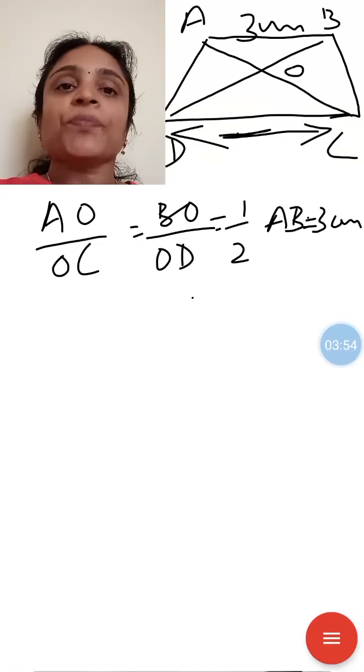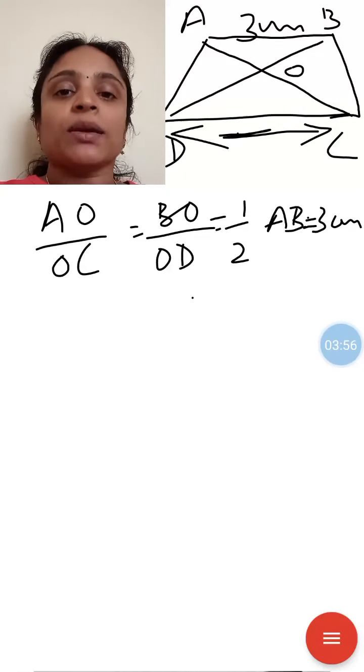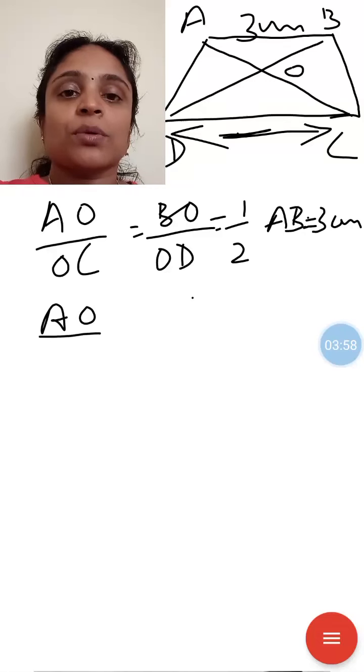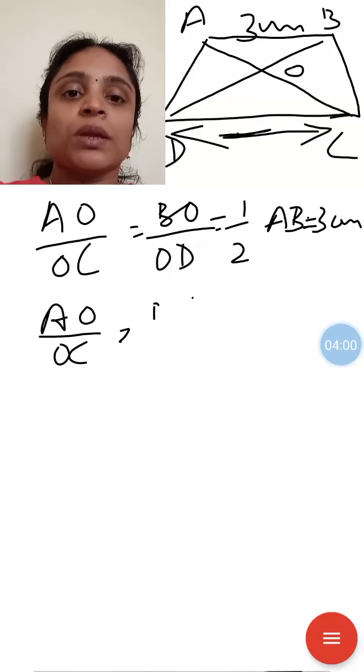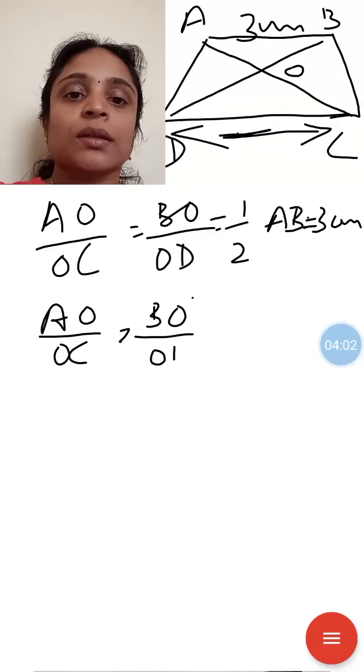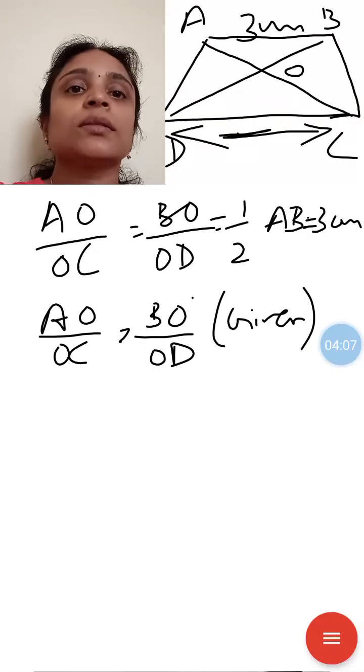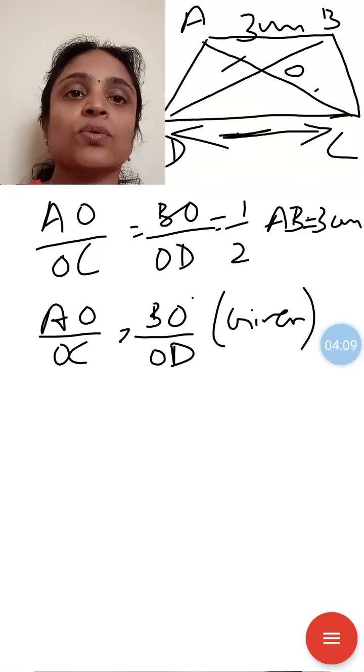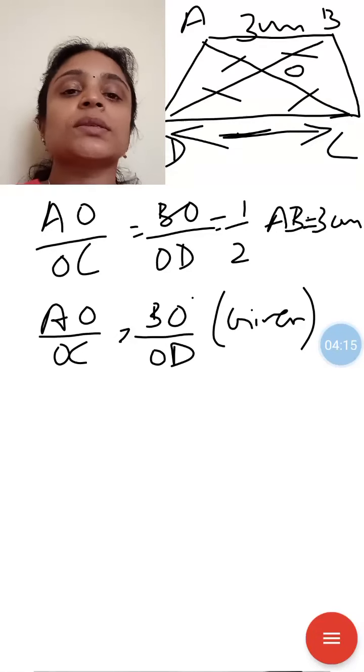Here, given AO by OC equal to BO by OD, this is given.